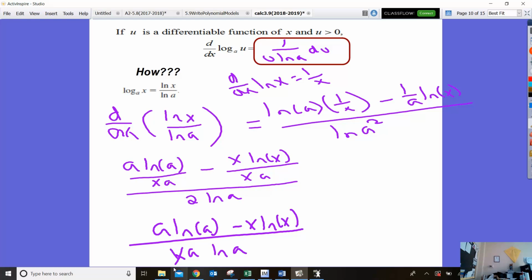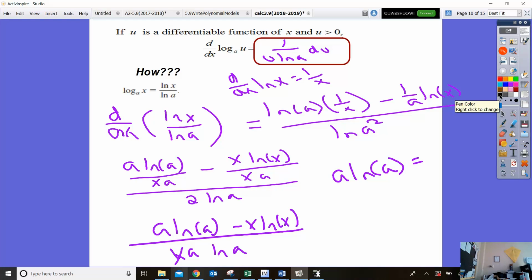It's close to what it needs to be. A natural log of a is the natural log of a to the a.